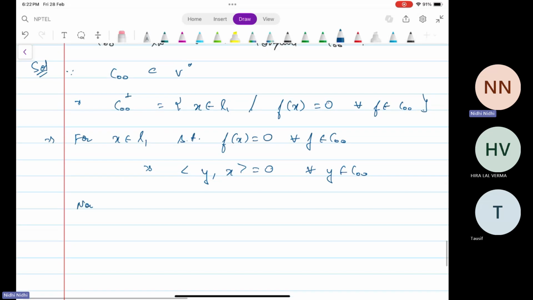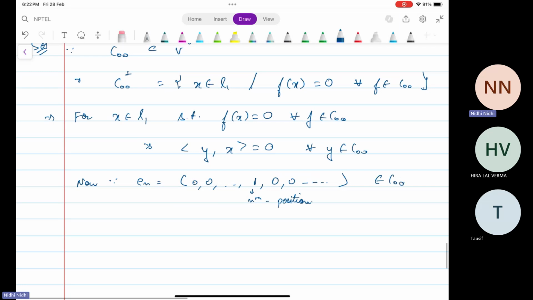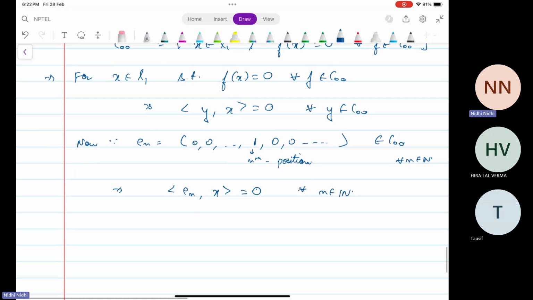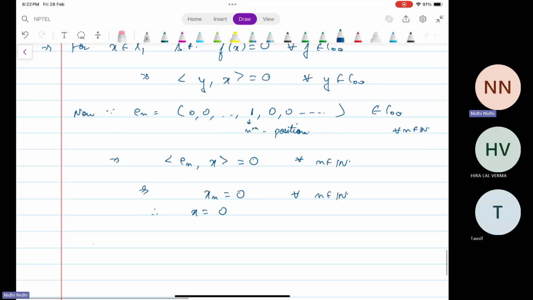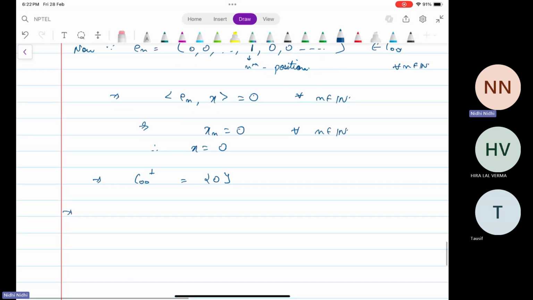Now again, since e_n, which is the same as we defined earlier, 1 at the nth position and 0 elsewhere, belongs to C00, we get e_n(x) is equal to 0 for every n in N. So this gives us x_n is equal to 0 for every n in N, and hence x is equal to 0.